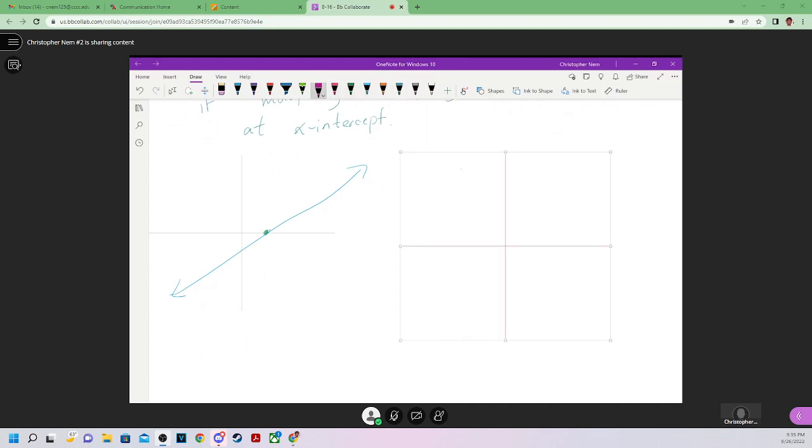So let's suppose on that exact same point, x equals 2, which had multiplicity 1, I decide to draw multiplicity 3. If it has multiplicity 3, it should still cross.